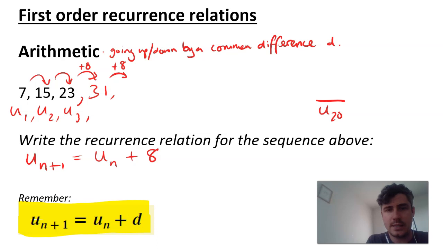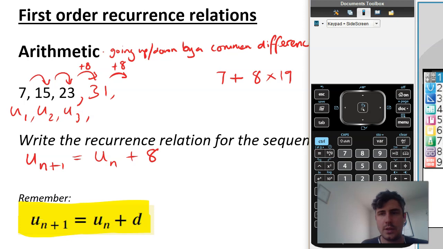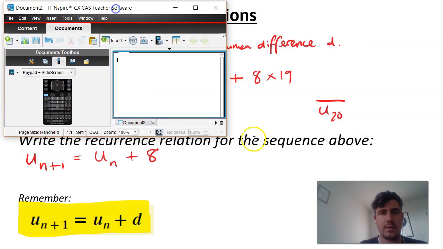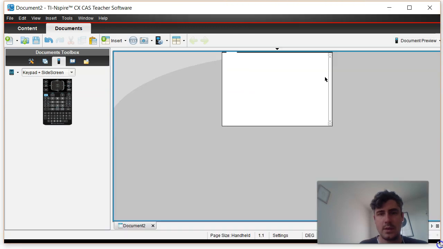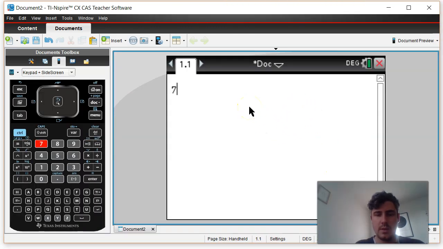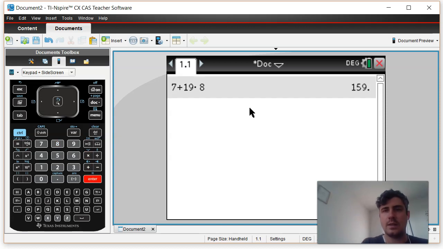So if we get 7 and we add 8 times 19, that will give us the U20. So if we go to our calculator and we do 7 plus 19 times 8, that gets us 159.